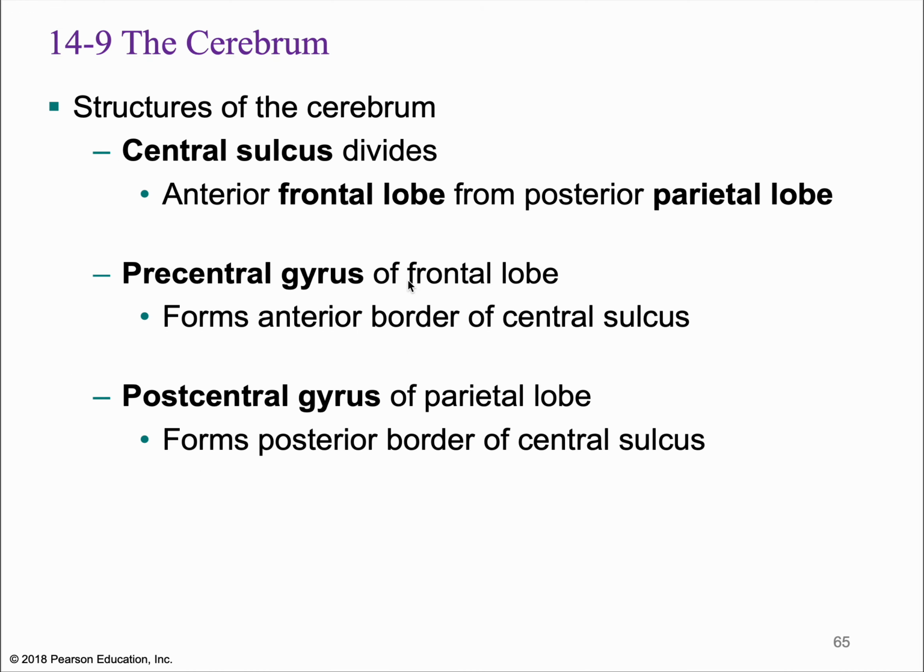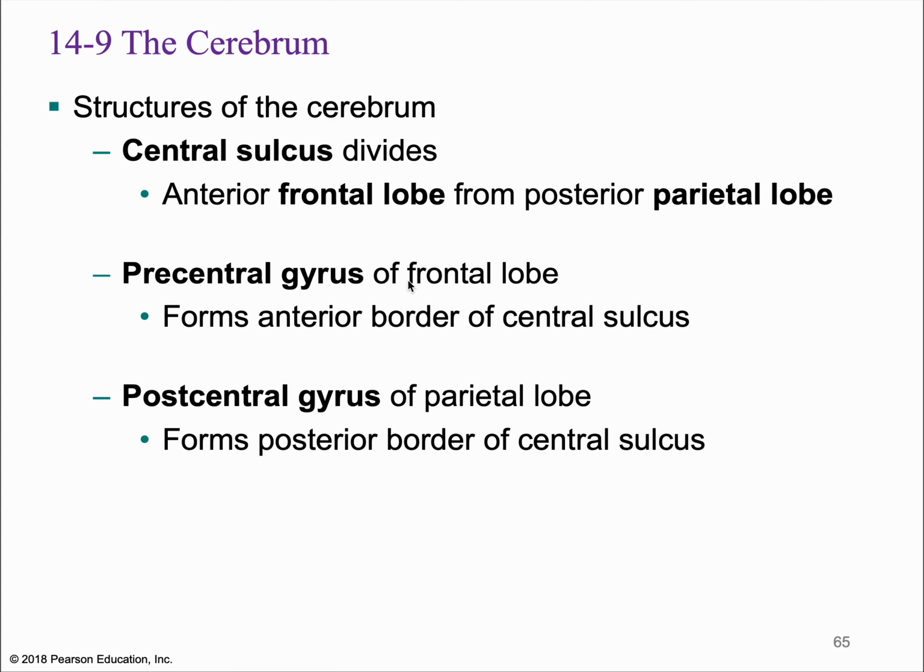So the central sulcus will divide the anterior frontal lobe from the posterior parietal lobe. Your frontal lobe and parietal lobe are divided by the central sulcus, which runs transversely.